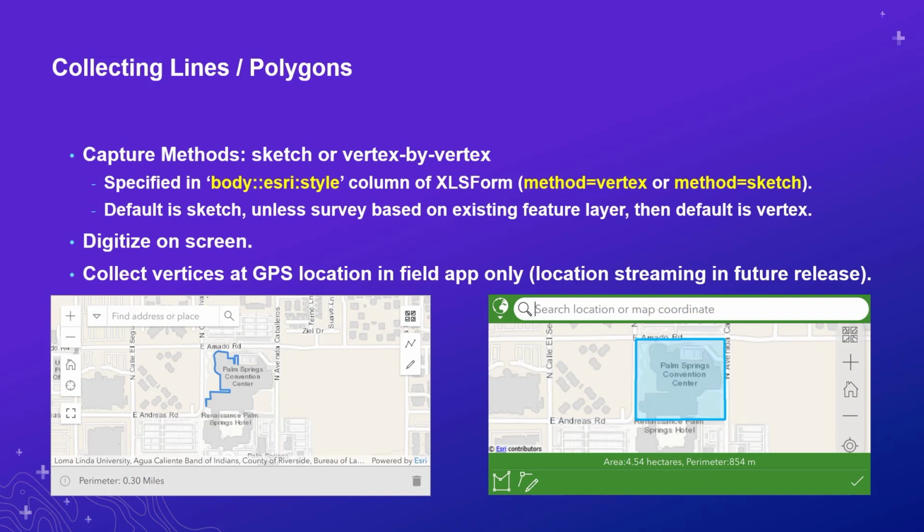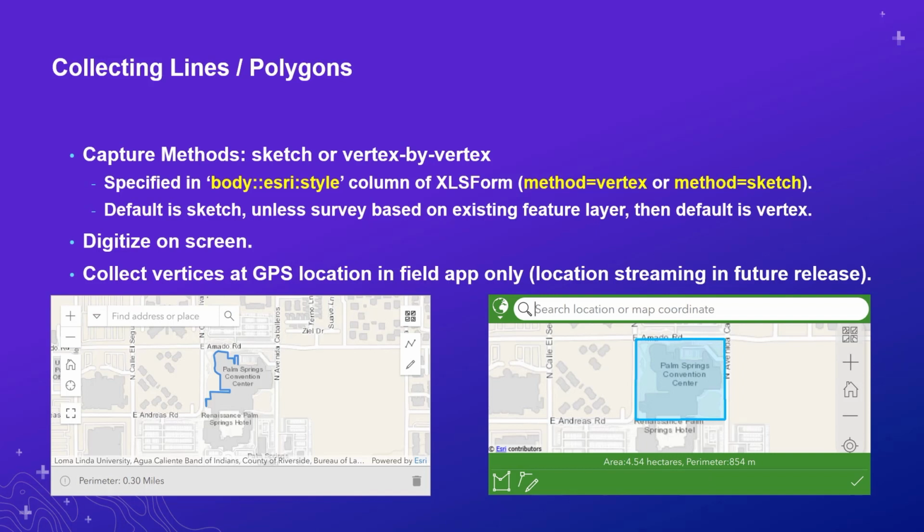If no capture method is specified in your XLSForm, the default will be to use sketch. If you're creating a survey based on an existing feature layer, then the method equal vertex will be automatically applied to your XLSForm, but this can of course be changed later if you wish.